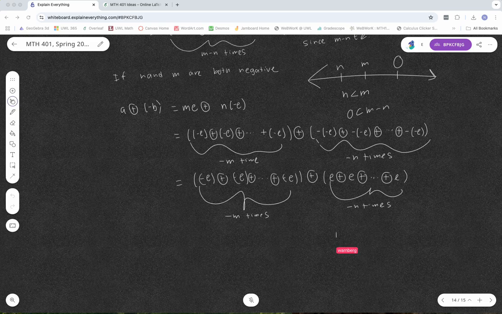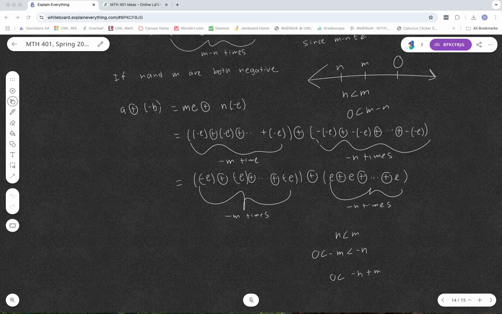If N is less than M, then negative M is less than negative N. They're both positive, so negative N plus M is positive.